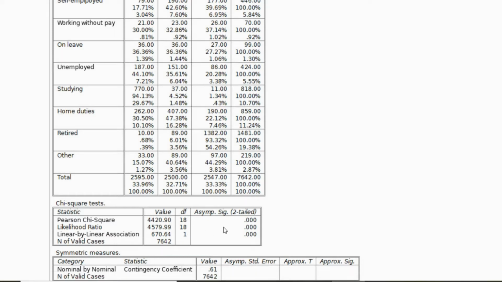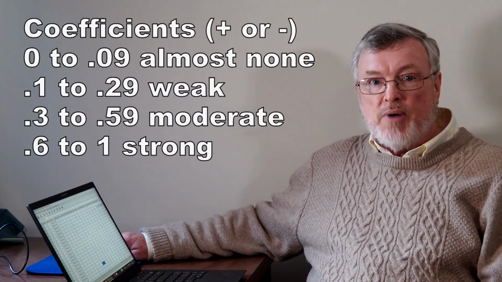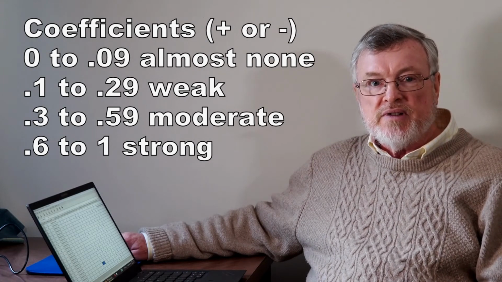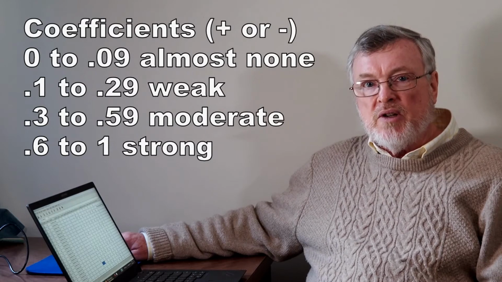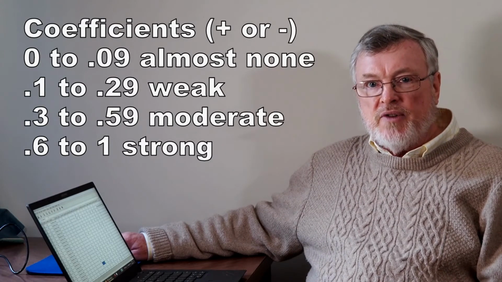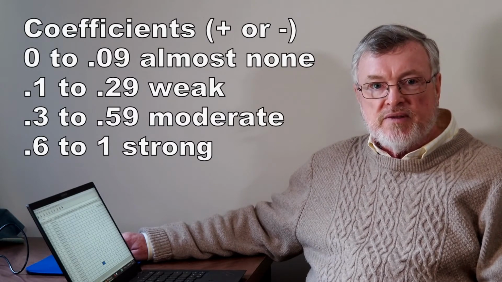Coefficients can vary between -1 and +1, with 0 meaning there is no relationship. -1, of course, is a negative relationship, +1 a positive relationship. Coefficients of less than 0.1 or -0.1 are very small and suggest almost no relationship.